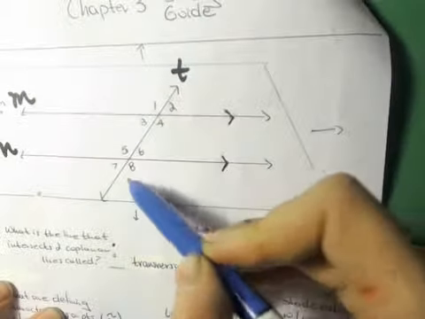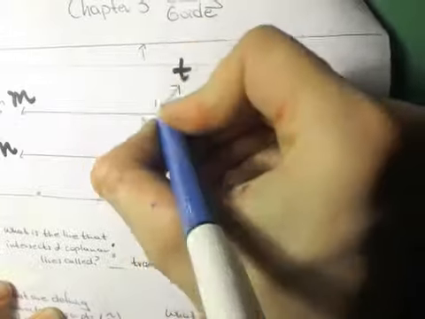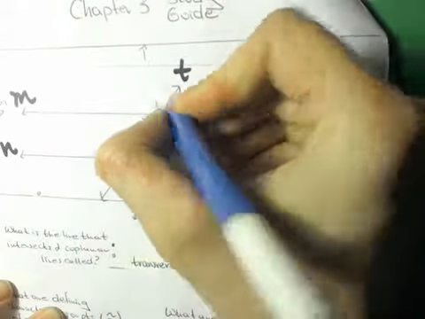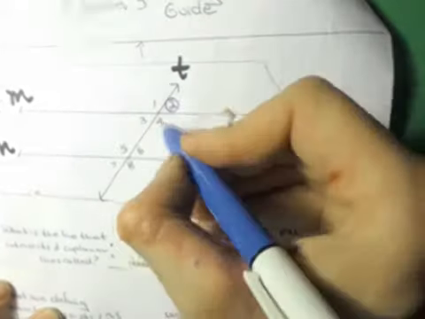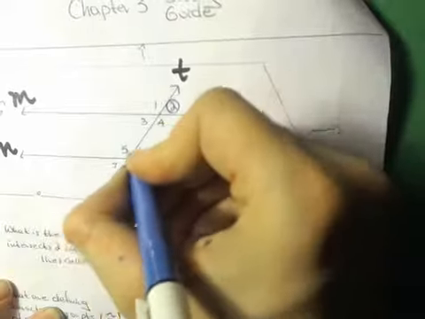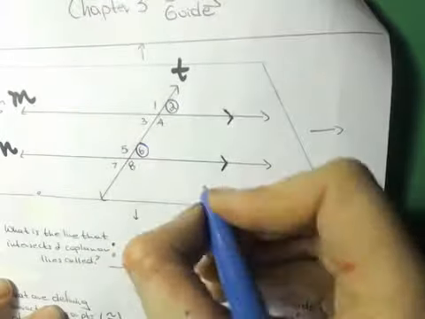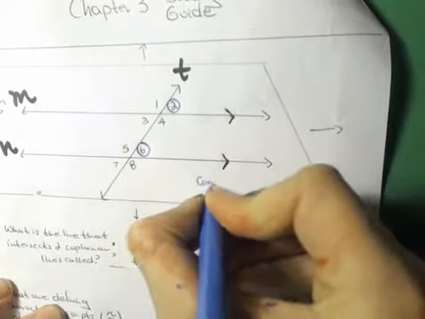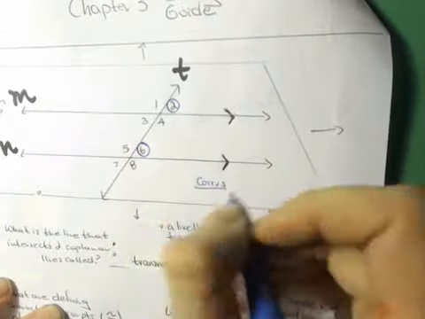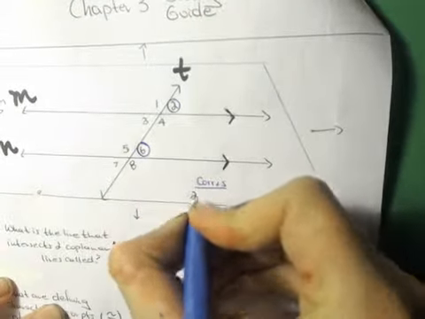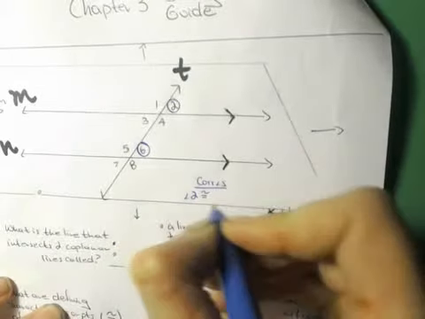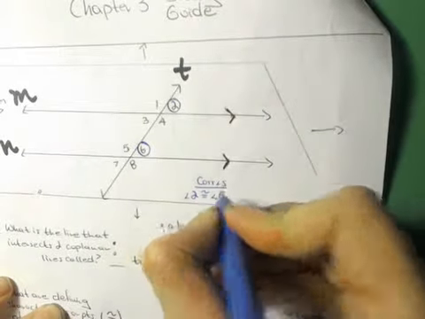I skip one angle, 4, and land on the other angle. So for our corresponding angles, we can say that angle 2 is congruent to angle 6.